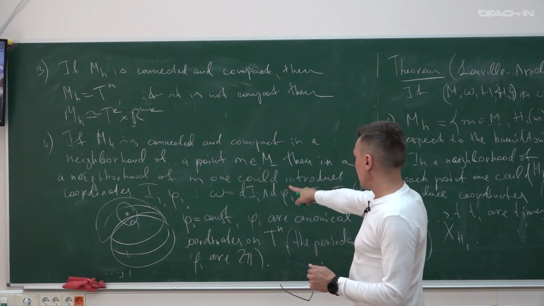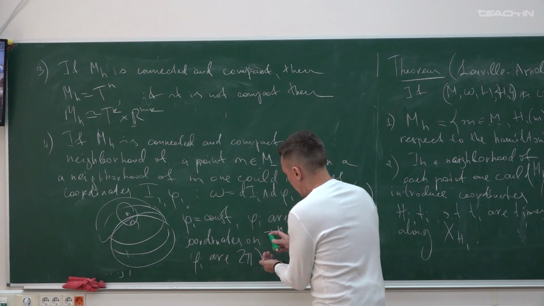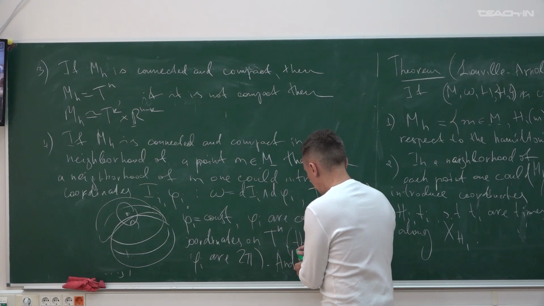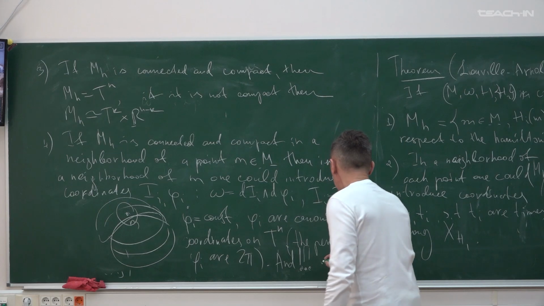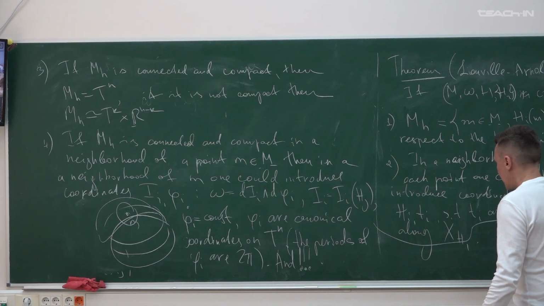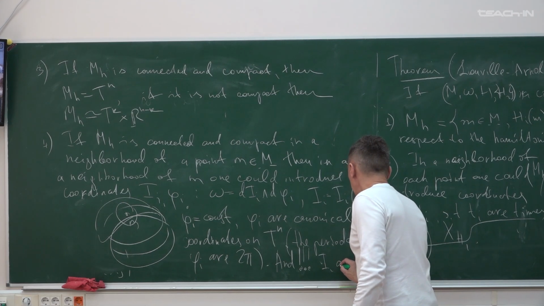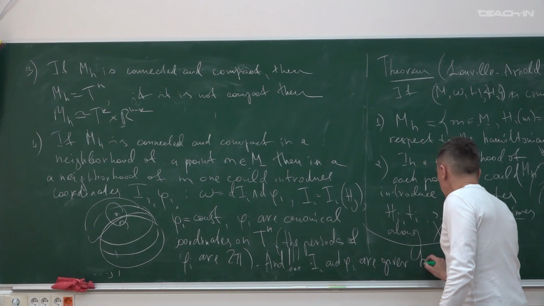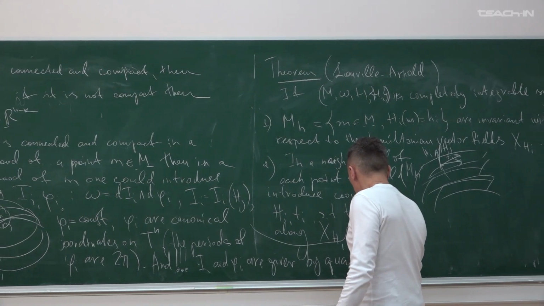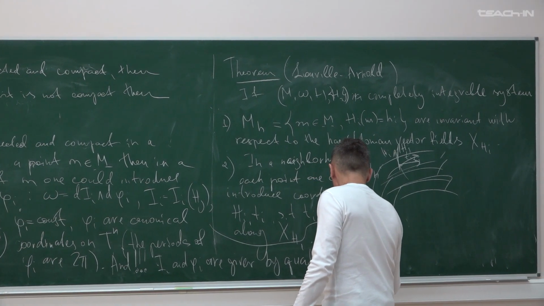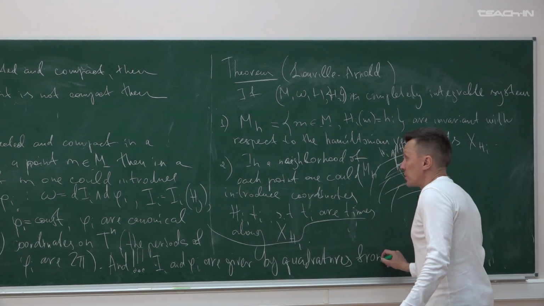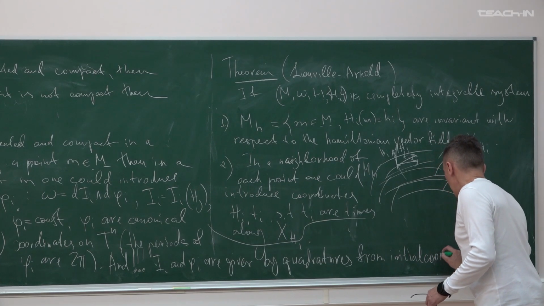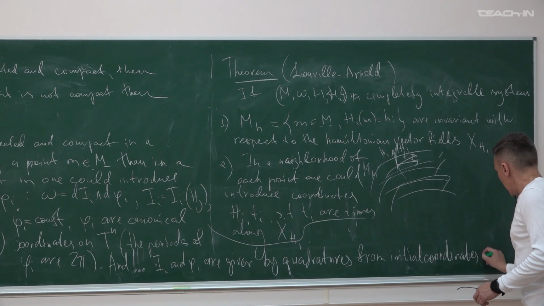And moreover, these functions I and phi_i are given by quadratures from initial coordinates on M.